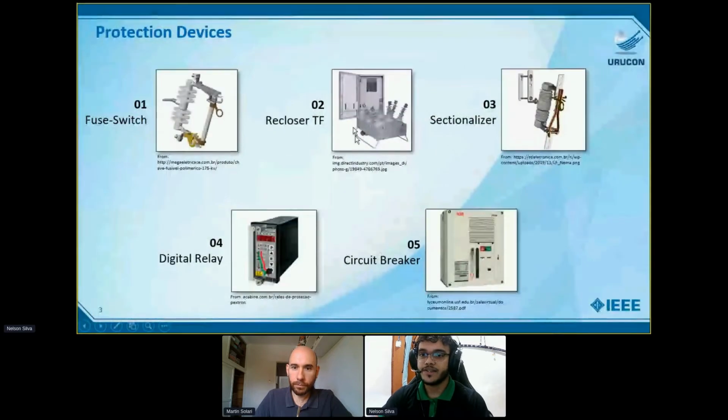Here we have listed some protection devices commonly used in the system, which in the presence of faults must act, protecting the network and isolating the faults. This one is the fuse switch, and its function is to protect the system against overcurrent.